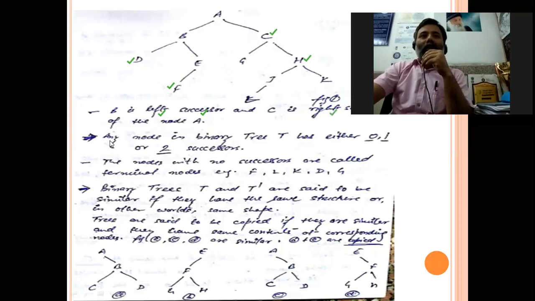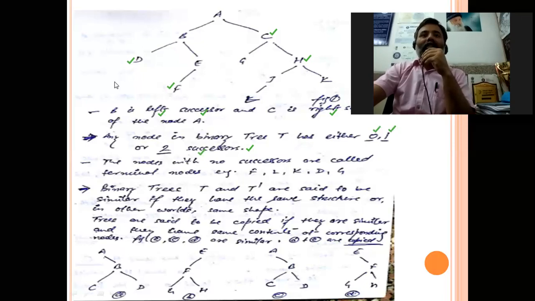Next point, any node in a binary tree has either 0, 1 or 2 successors, just like I talked about yesterday that we have 0, 1 or 2 children.